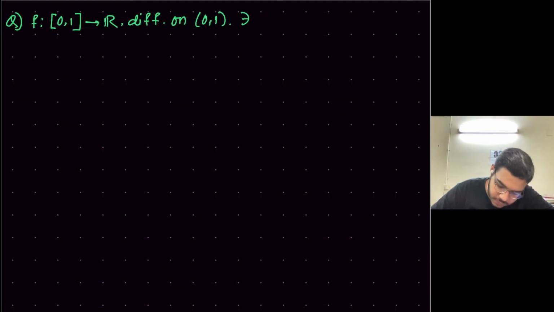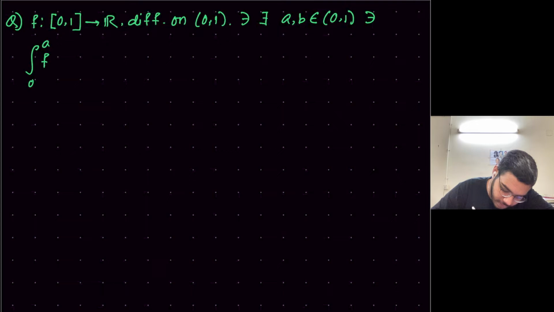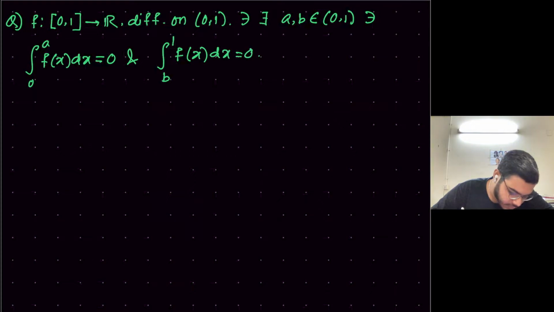Suppose you have a function f from [0, 1] to the reals, which is differentiable on the open interval (0, 1), such that there exist a, b belonging to (0, 1) such that the integral from 0 to a of f(x) dx is equal to 0, and the integral from b to 1 of f(x) dx is equal to 0.